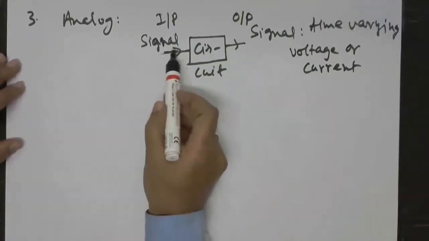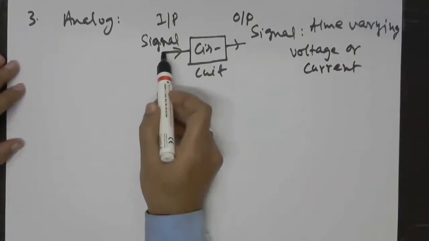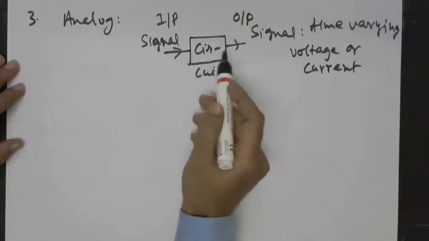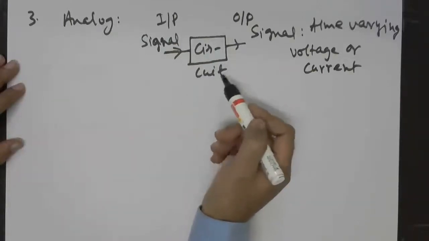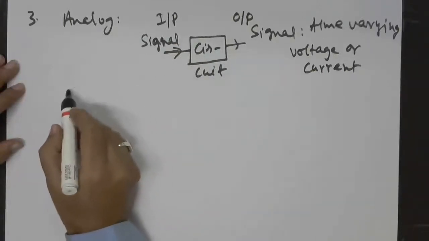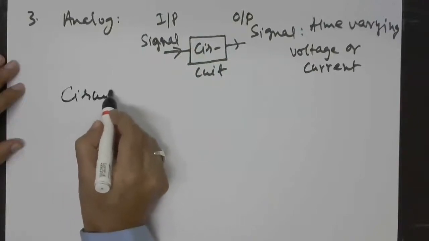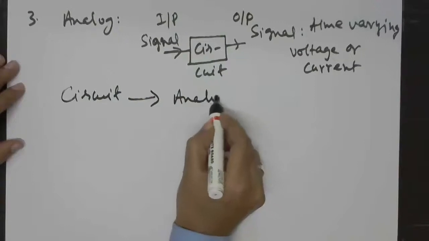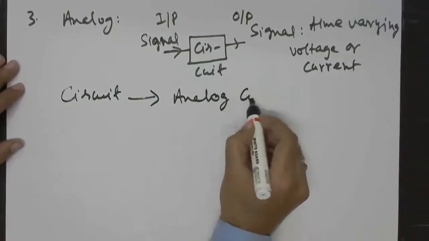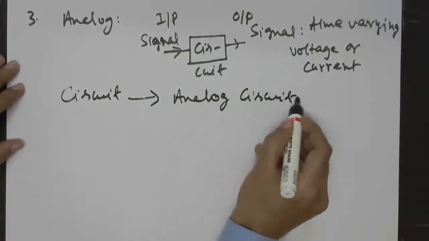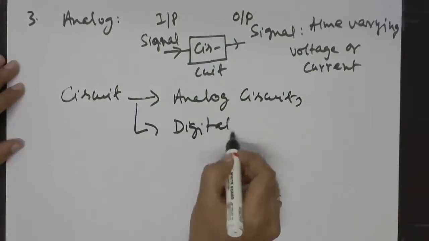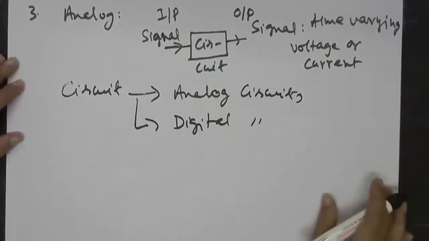So with respect to this signal, or the time varying voltage and current that they are taking, the circuits get divided into two families: analog circuits and digital circuits.